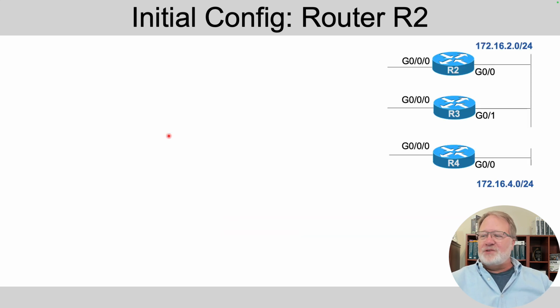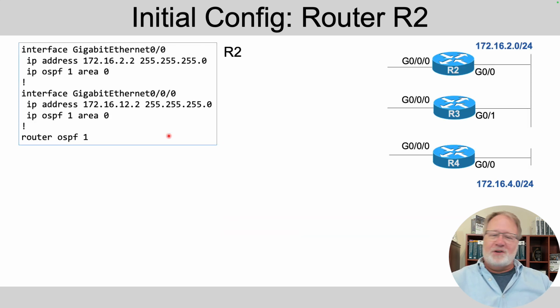So to complete that picture, routers R2, R3, and R4. Here's R2. It's got the same thing. It's got 2 interfaces with IP addresses configured and OSPF enabled interfaces in area 0. So it's a single area design, all interfaces in area 0. No subcommands on the router ospf command. This is the sum total of meaningful initial config in router R2.